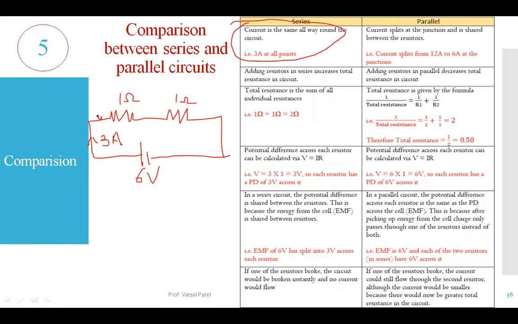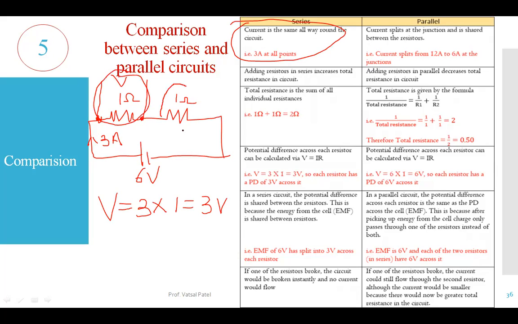So now if you identify the voltage drop across this 1 ohm resistance, when you apply Ohm's law, what will be the voltage across this 1 ohm resistance? Can we say it is V equal to 3 multiplied by 1? So it is 3 volt across the first resistance here.